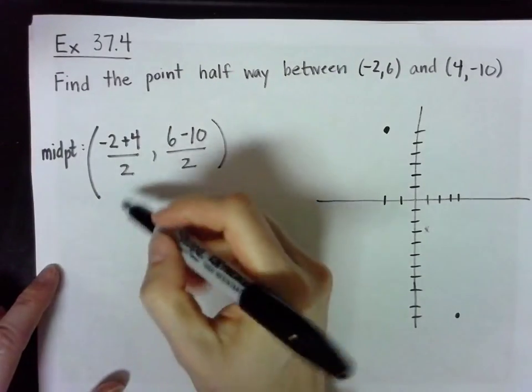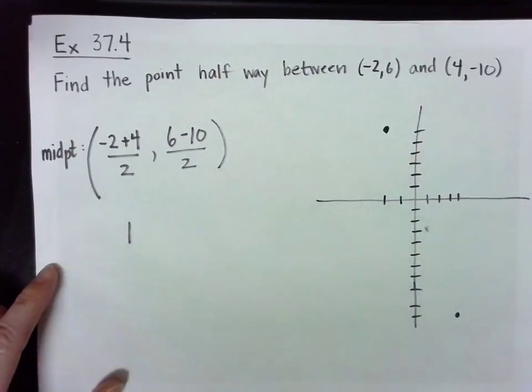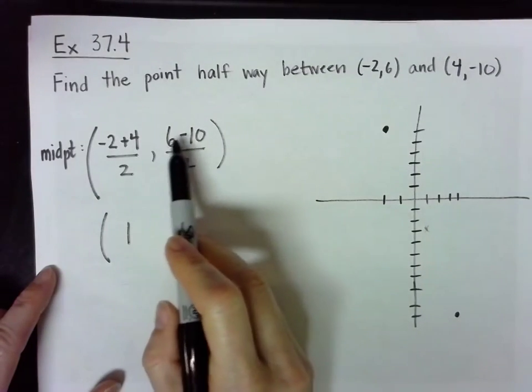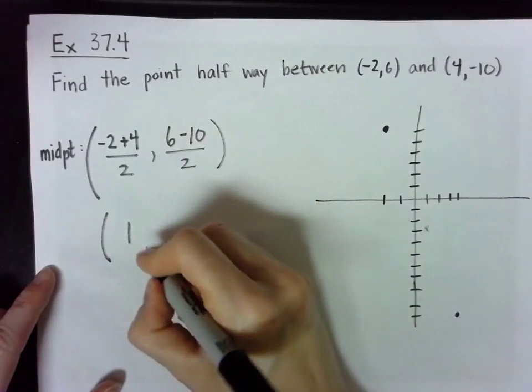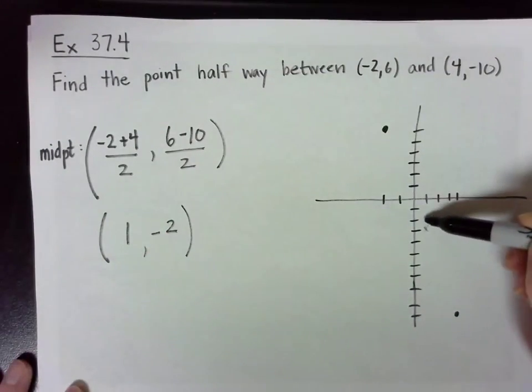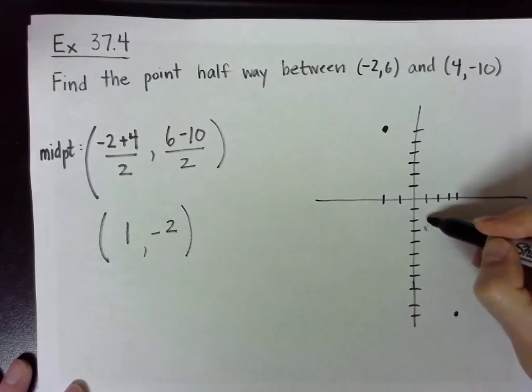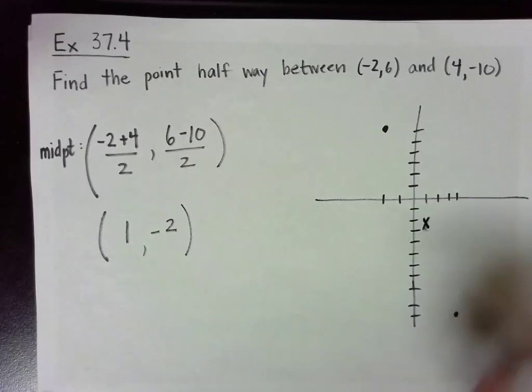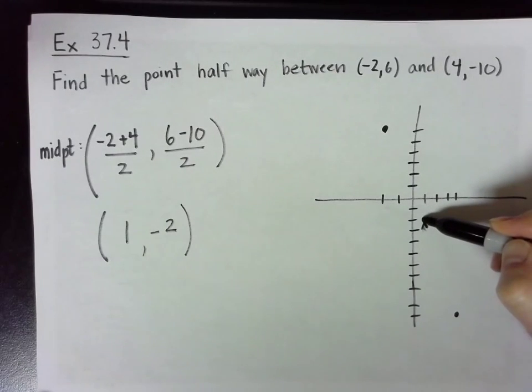So this will give us 2/2, which is 1. And this gives us -4/2, which is -2. So 1, -2. I'll make a really big X and pretend I was a little more accurate. It should have been right there, our midpoint.